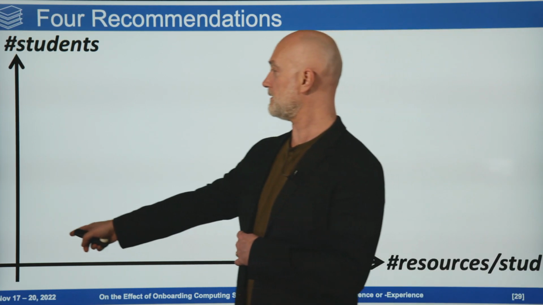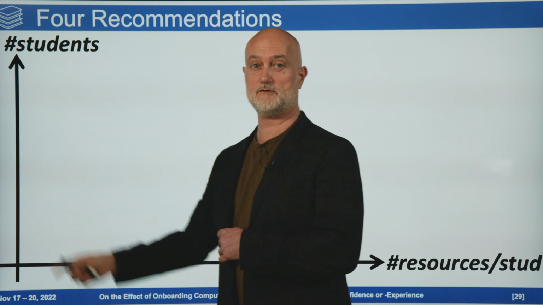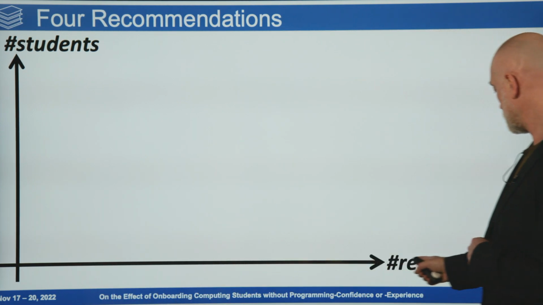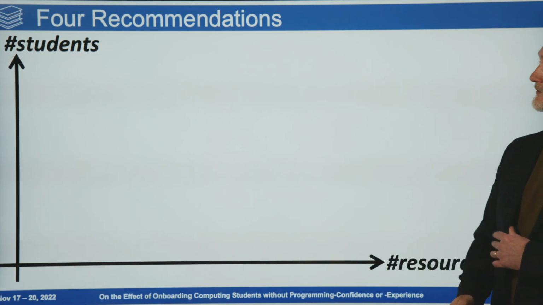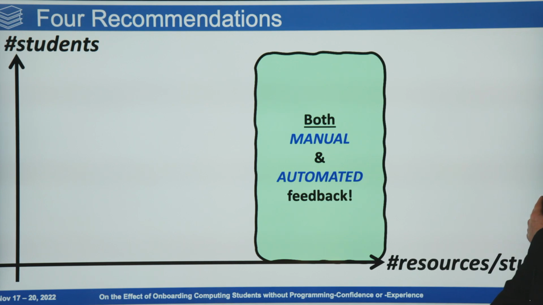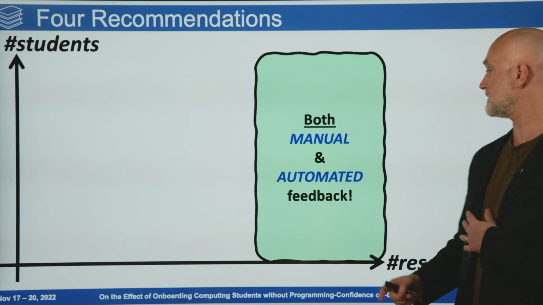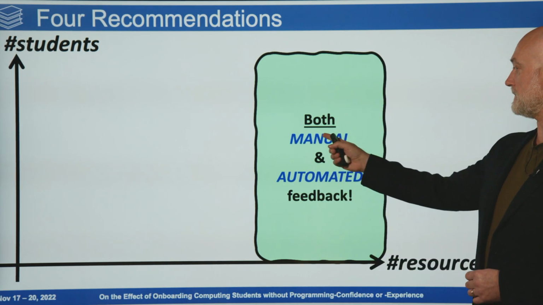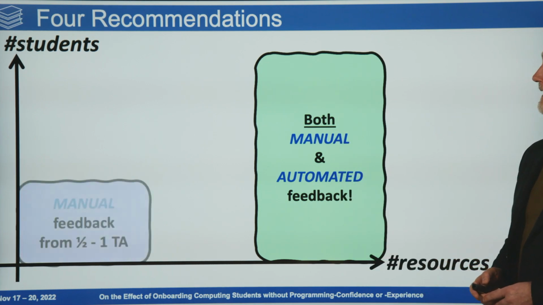If we plot the number of students along the vertical axis and the resources per student along the horizontal axis: if you have a lot of resources, you would want to provide both manual and automated feedback.